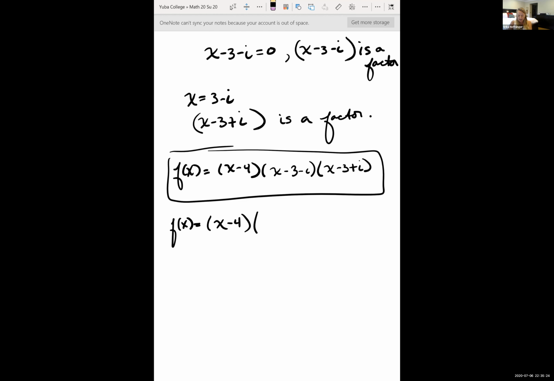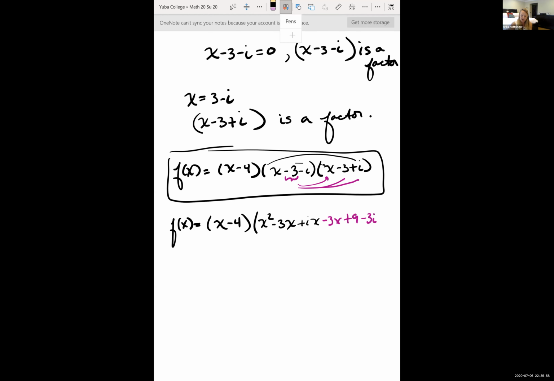And so we shouldn't have any more imaginary numbers once we do this. So x times x, I'm going to distribute x to all terms. x times x is x squared, x times negative 3 is minus 3x, x times i is plus ix. Distribute the next term, negative 3, to all terms inside the third parentheses. Negative 3 times x is minus 3x. Negative 3 times negative 3 is plus 9. Negative 3 times positive i is negative 3i.